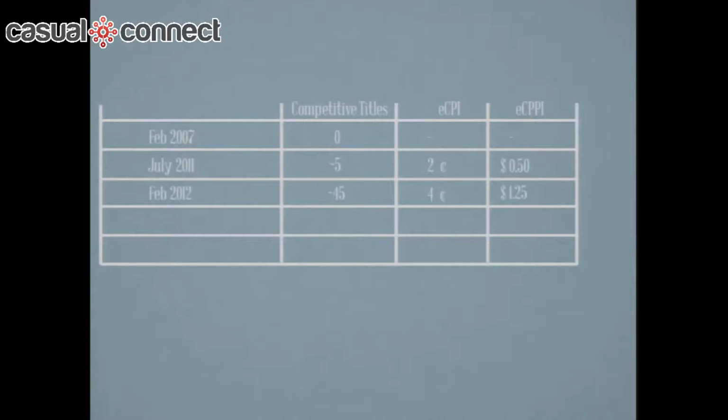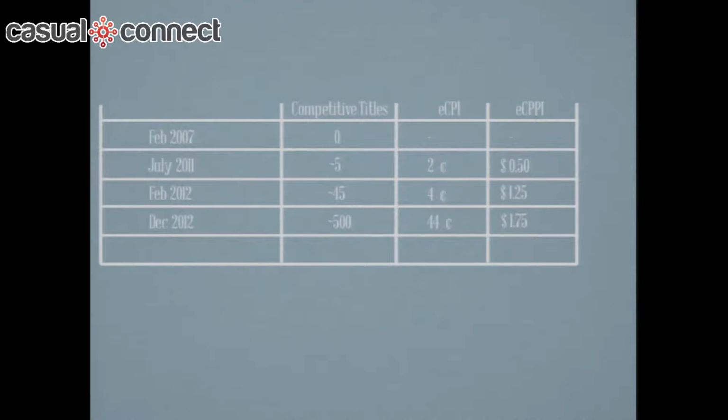By February of 2012, there were about 45 competitive slots titles. Effective cost per install was 4 cents, and the effective cost per paid install was $1.25. So you see it's moving quickly. By the end of 2012, 500 competitive titles. I think in the last presentation somebody said 450.